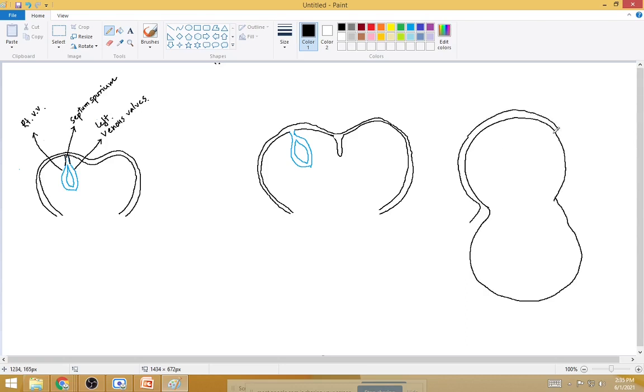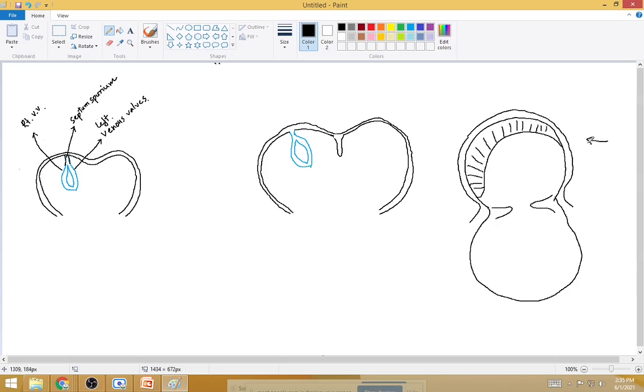Somewhere here are the atrioventricular cushions coming. So we have taken a sagittal section almost in the middle, and this septum comes out as a crescentic shaped septum, like that, all throughout in the sagittal section.